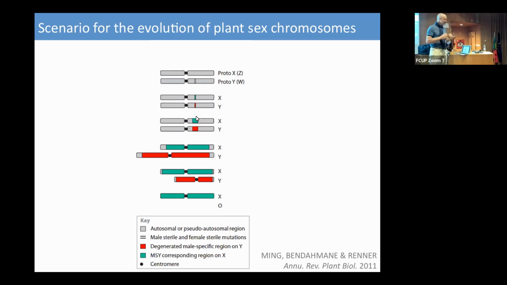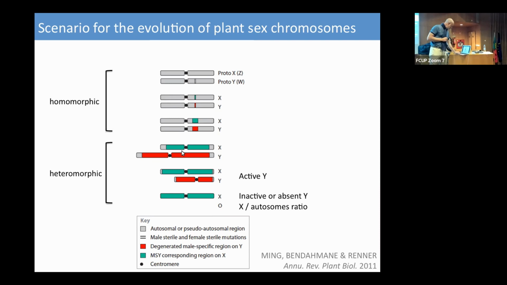The non-recombining region tends to grow during evolution. These are the regions in green and red in the picture, and they can grow very large, and then the sex chromosomes become heteromorphic.